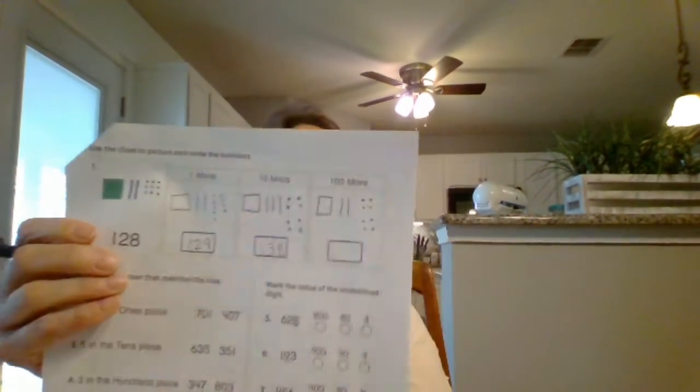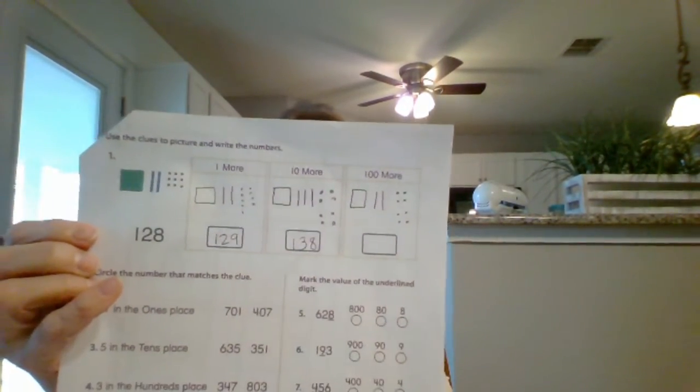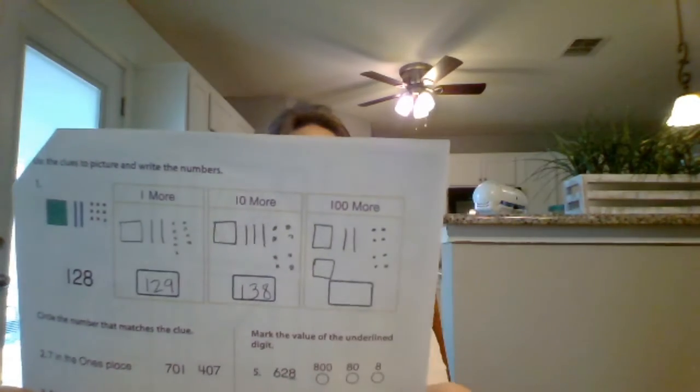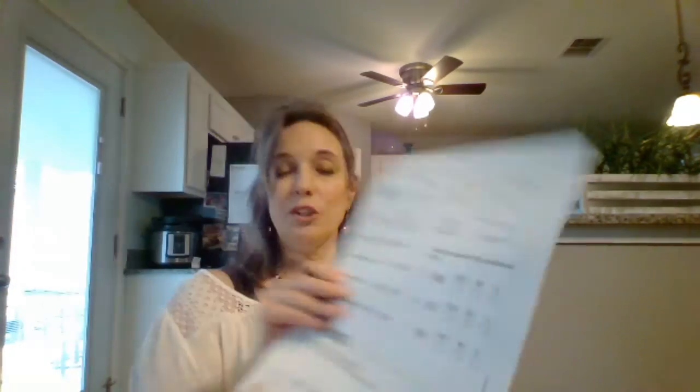I have 128. Now it says 100 more. So I'm going to put another 100. And now it looks like this. You could do this with place value blocks too. You could lay out 128 with place value blocks and get 1 more 100. Now count it up and see what you come up with.